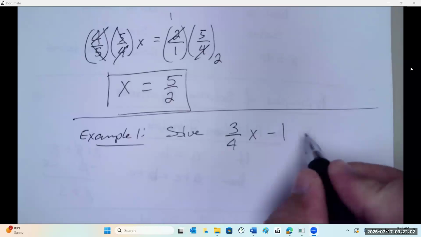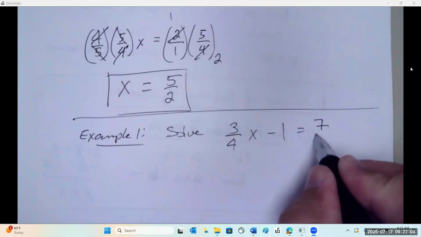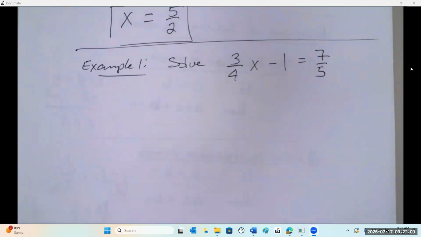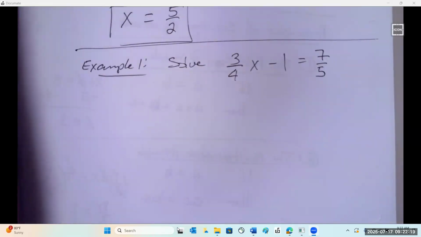Solve this equation. Let's see who remembers what I just talked about.